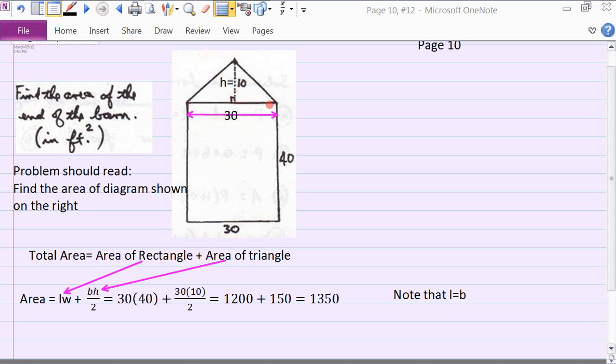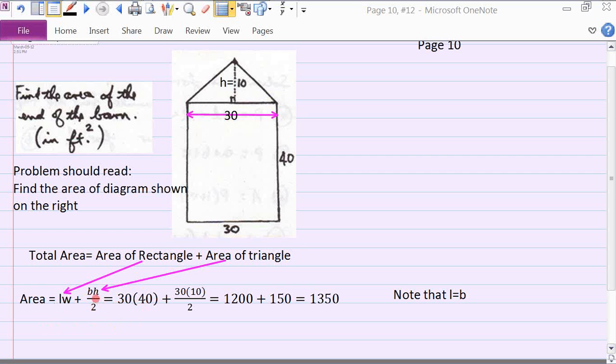This dimension multiplied by that dimension divided by 2. That's this part of the equation over here. So essentially I said that the length is equal to the base, because I've used two different terminologies here, one L and one B.